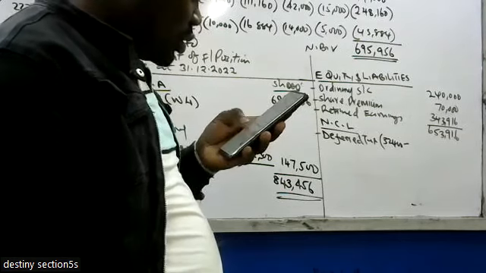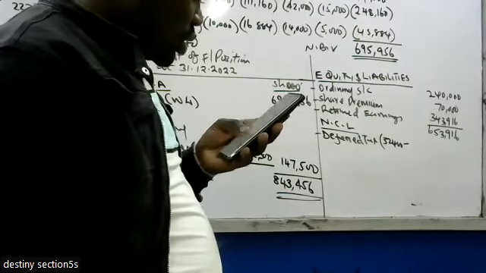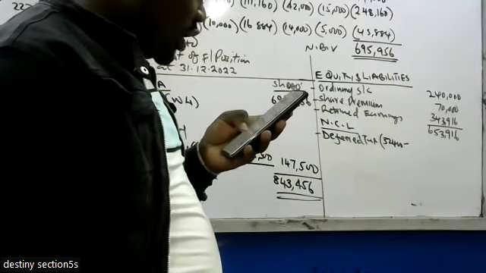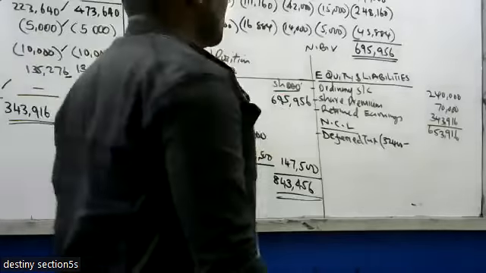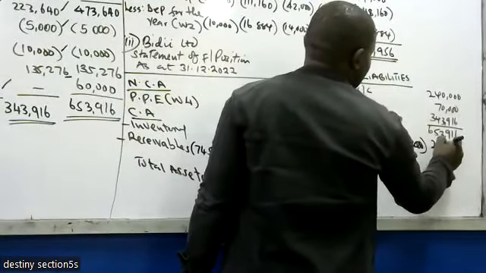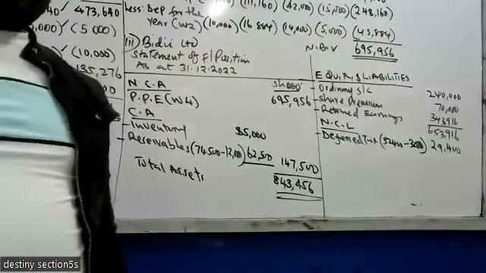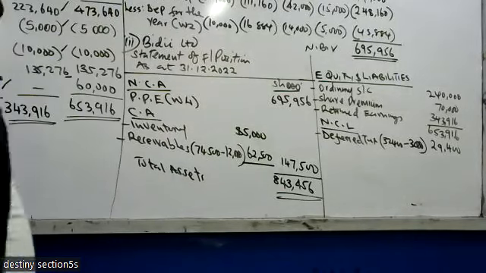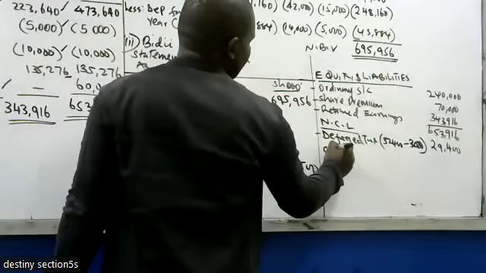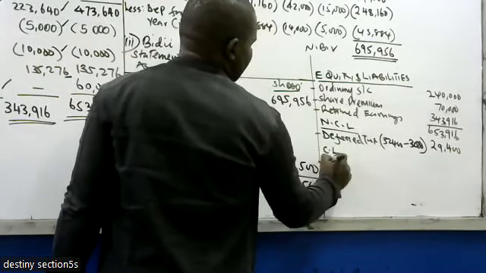In note 4, there was a decrease in the deferred tax of 3,000. So minus 3,000. That should be 29,400. That is 29,400.